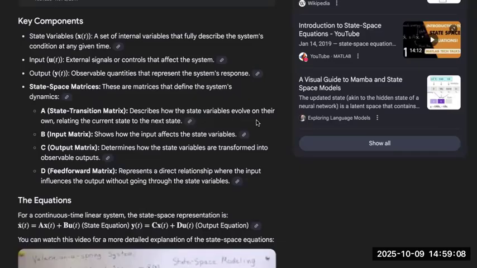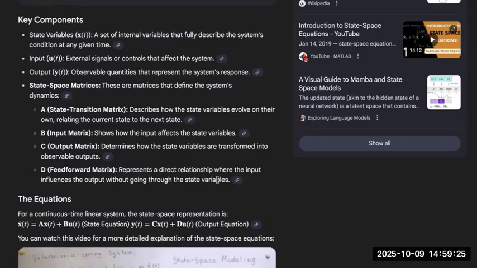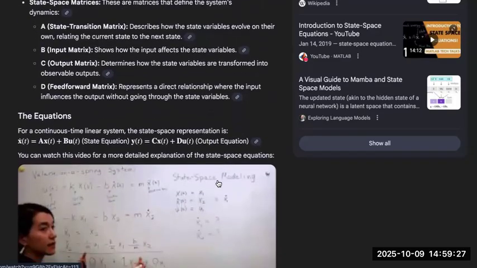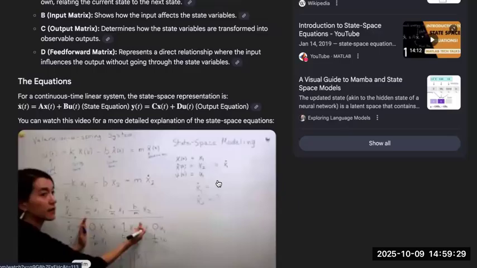A is the state transition matrix and describes how the state variables evolve on their own, relating the current state to the next state. B is the input matrix, which shows how the input affects the state variables. C is the output matrix, which determines how the state variables are transferred into observable outputs. D is the feed-forward matrix, which represents a direct relationship where the input influences the output without going through the state variables.